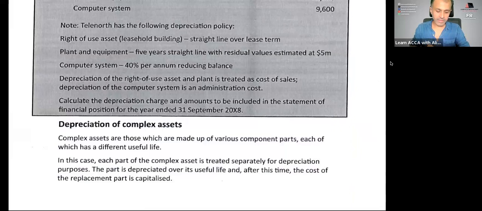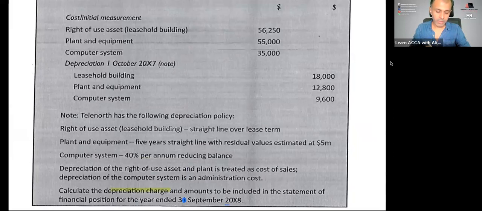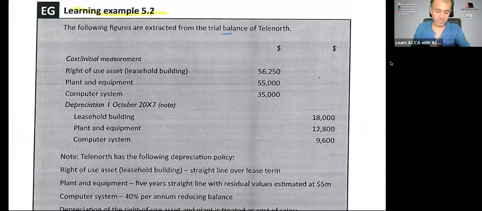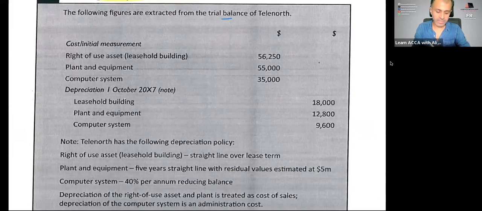They want us to calculate the depreciation charge to be included in the statement of financial position for the year ended 30th of September 2008. The following figures are extracted from the trial balance of Telenorth. They have provided us with the right of use asset, plant and equipment, computer system.